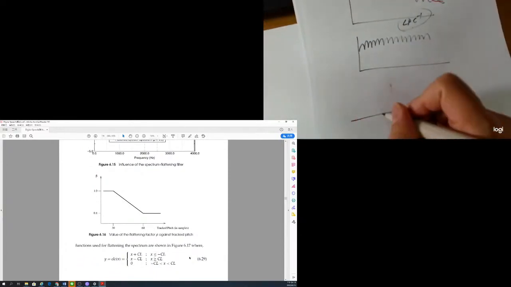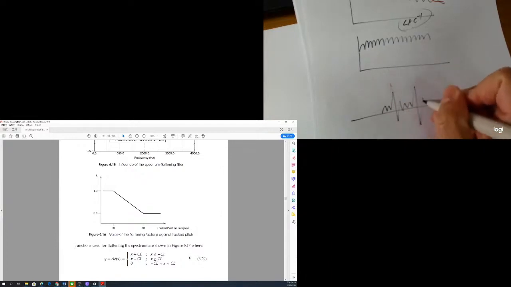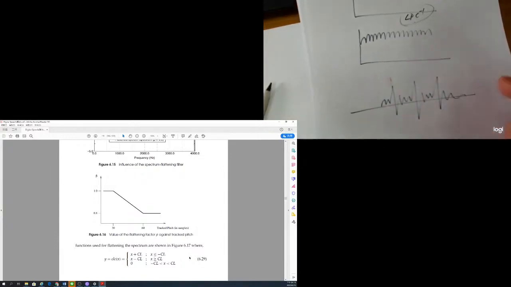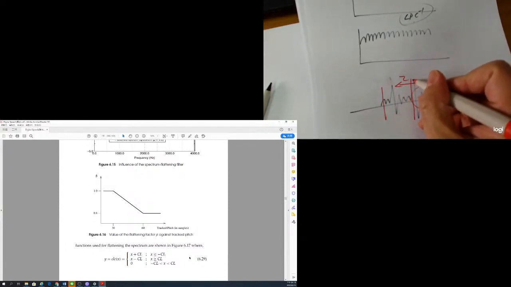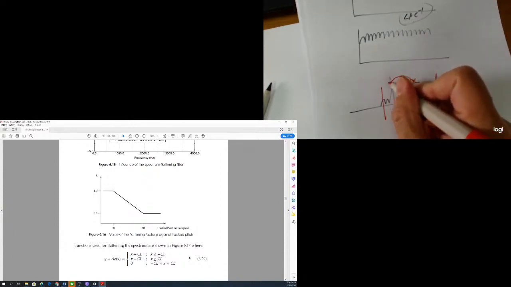For example, if you have a speech signal like this one, in the past what we did was move the whole waveform by tau and try to match, moving this point to this point.